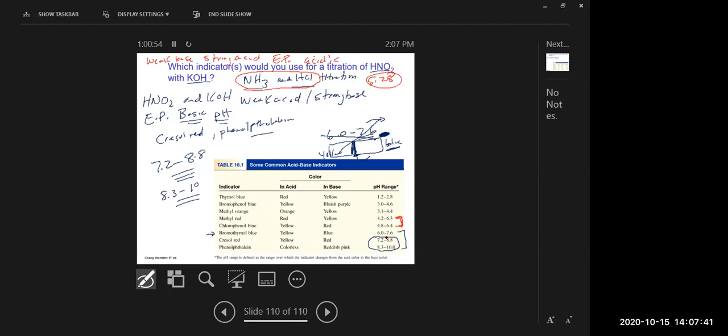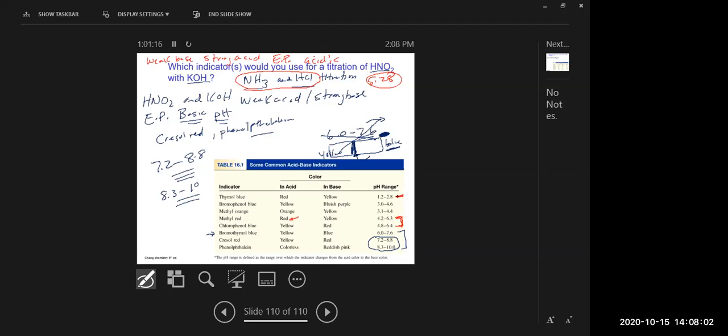For example, methyl red is yellow, and then it becomes orange. So we would be able to see that change in methyl red going from a yellow color to probably just that hint of red, or orangey color, and we would know we should stop our titration at that point.